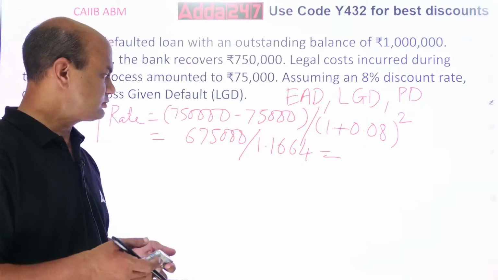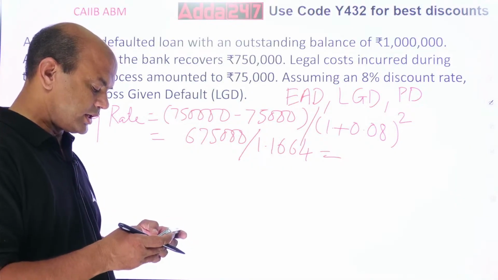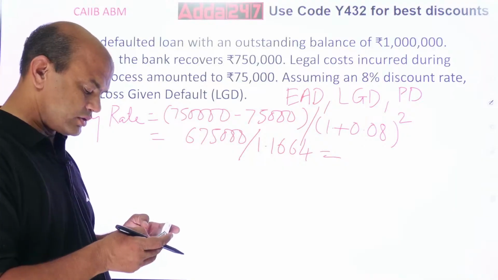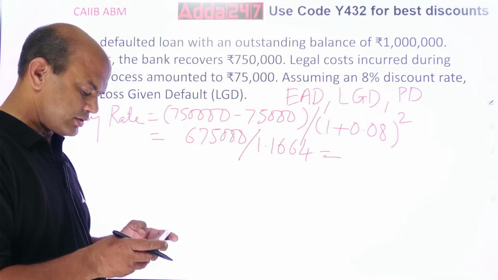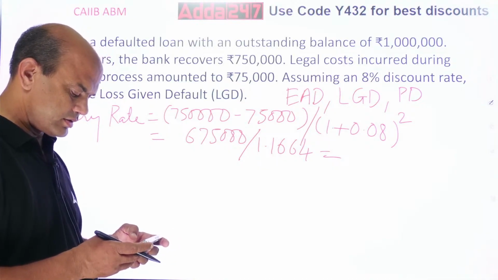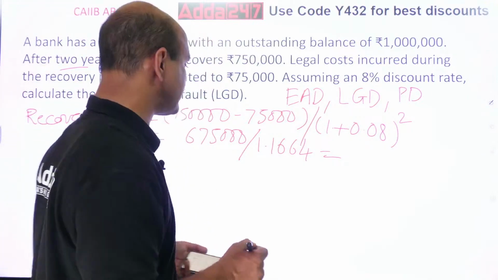So, get the answer, 6,75,000 divided by 1.1664 is 5,78,703. Are you getting this?